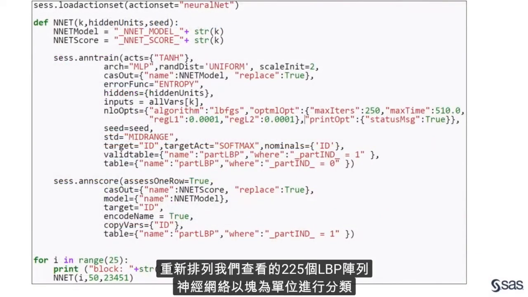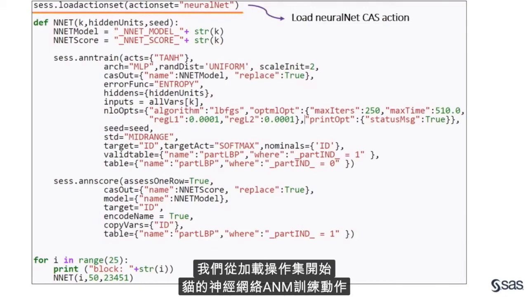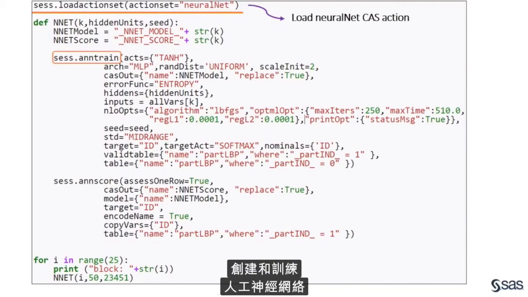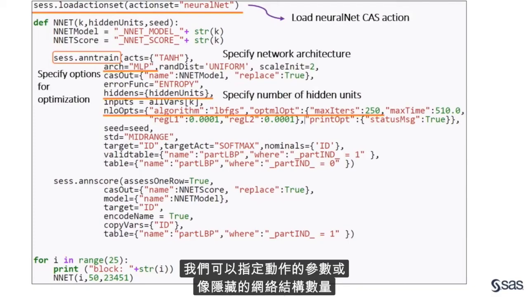We built neural networks blockwise as classifiers. We start with loading the action set neuralNet in CAS. The ANN train action creates and trains an artificial neural network for classification. Some important parameters we can specify in the action are network structure, number of hidden units, and some optimization options too.